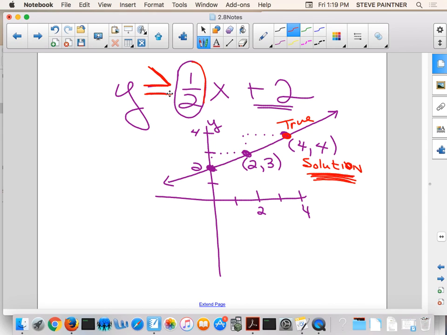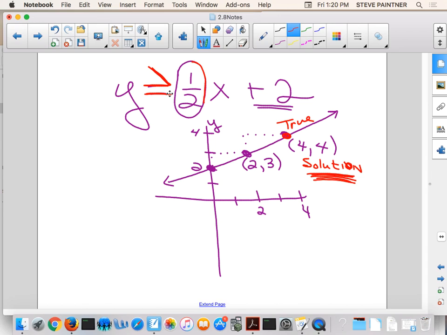Anything above the line. Anything above the line works? Or on the line works. Okay, Eric says it's above the line. Everything above the line works, or on the line works. Is he right? Yeah.